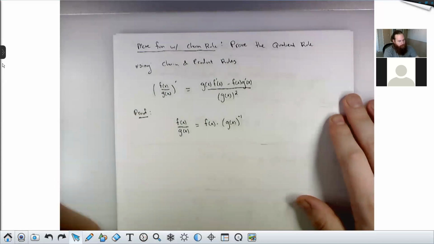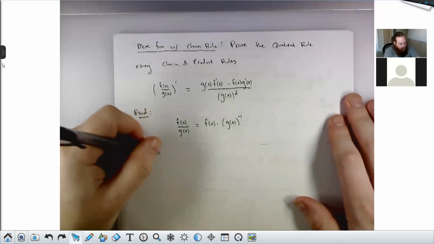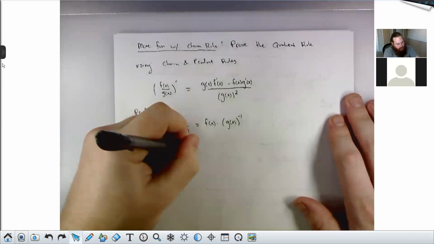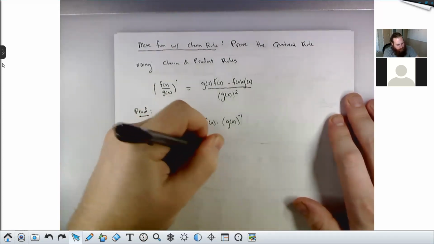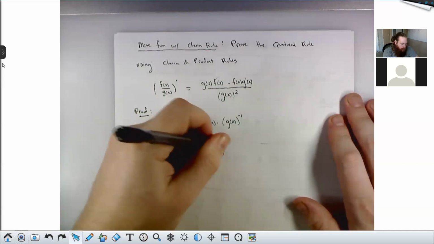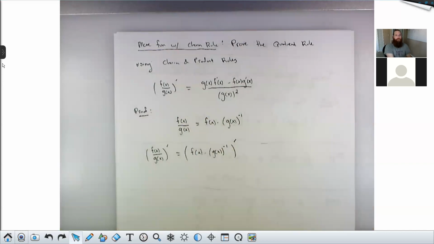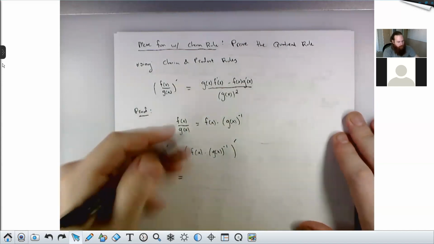So the derivative here, and while this isn't something I would test you on, it is actually very useful. In practice, when I go to differentiate things, I don't use the quotient rule very often because it's usually faster to use this. I would differentiate the first guy, leaving the second alone.